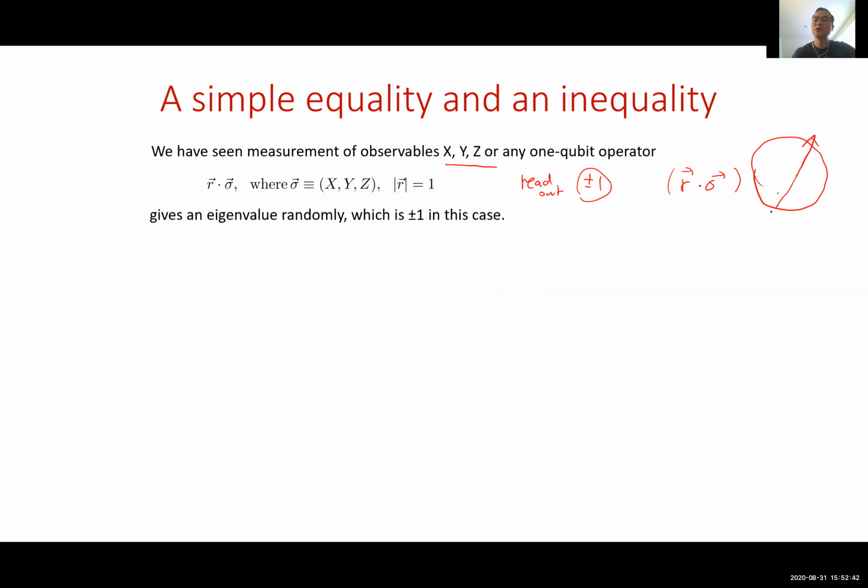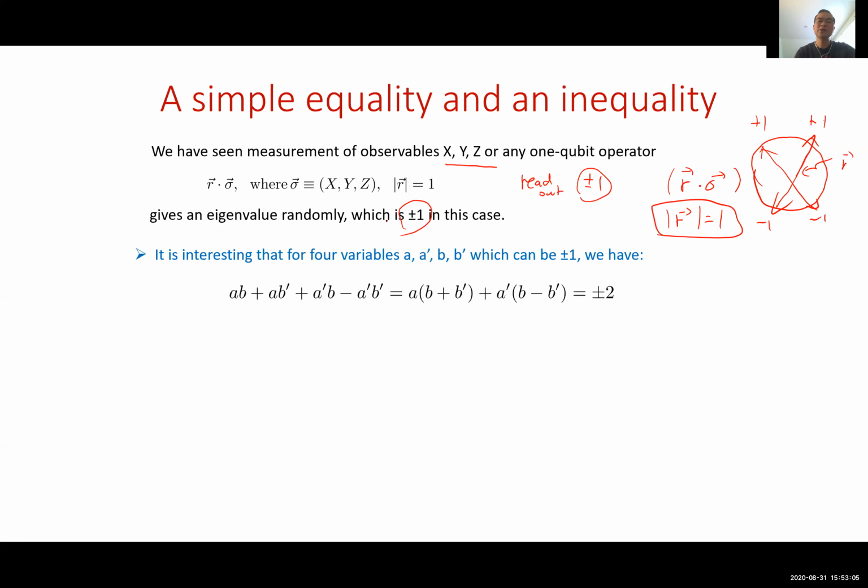So in the Bloch sphere, any axis that you get, you would define a plus 1 and minus 1. This could be some direction r, as long as r has length 1. So you get plus and minus randomly.